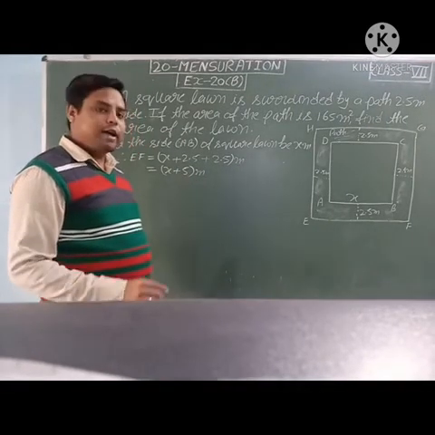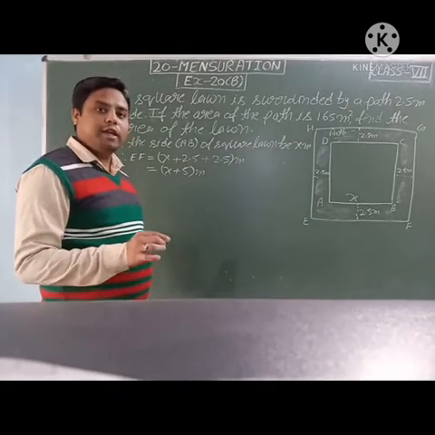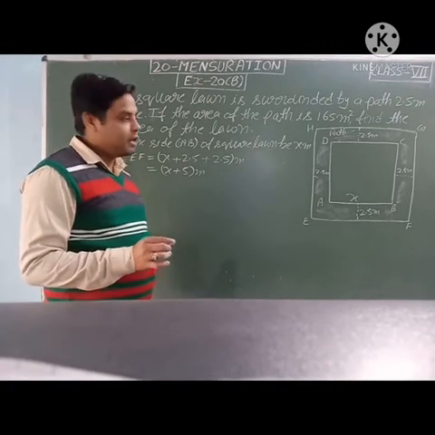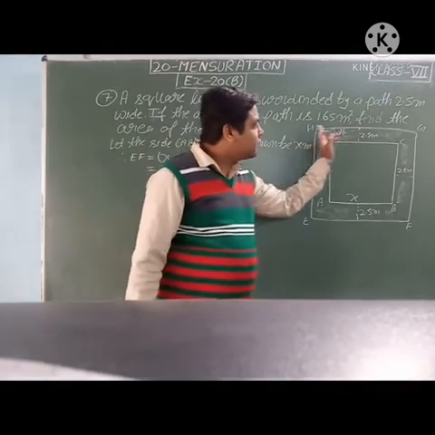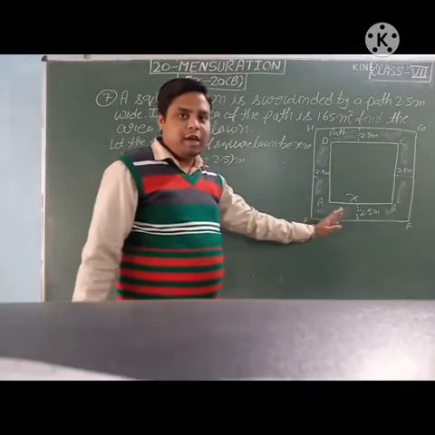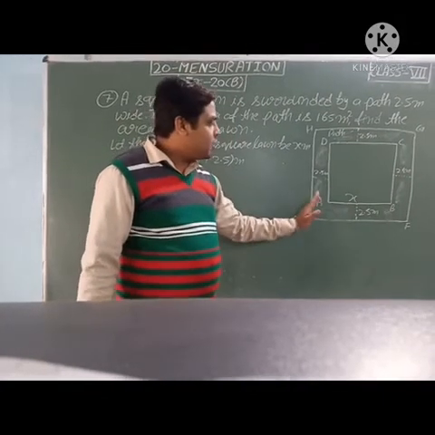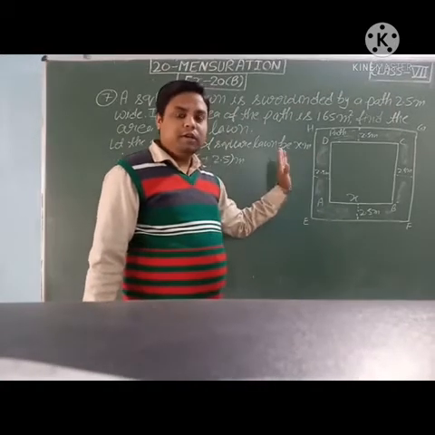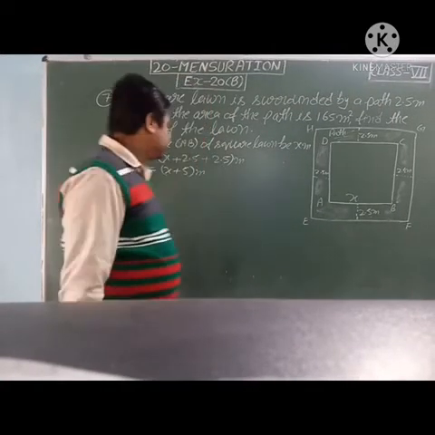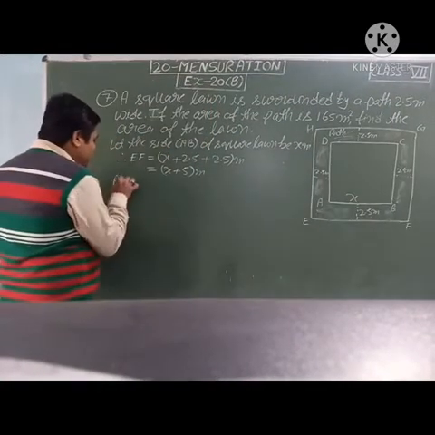So students, now we will find the area of path. Area of path means area of square EFGH minus area of ABCD.